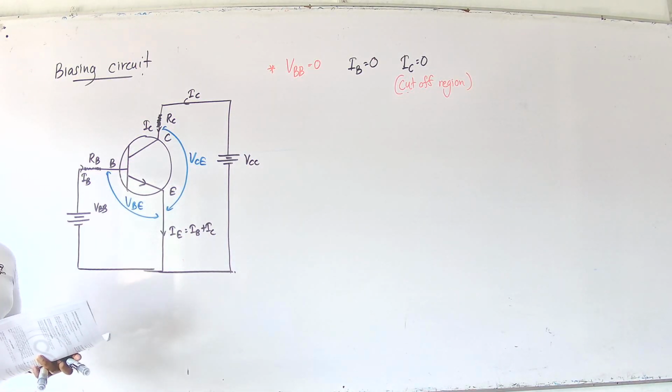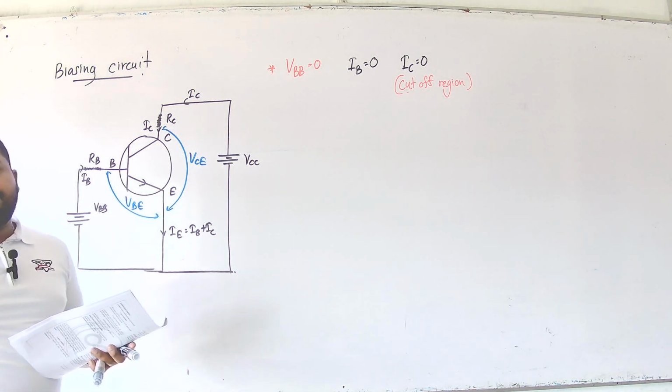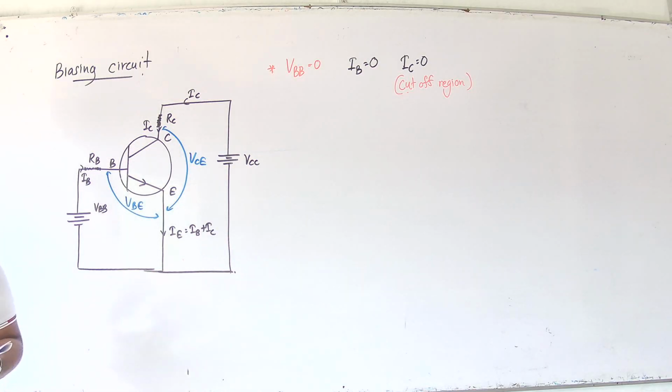Okay, write down, when VBB equals 0, the potential barrier in BE junction is not changed.